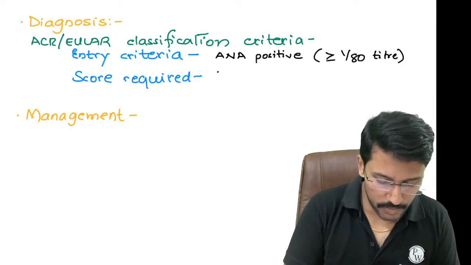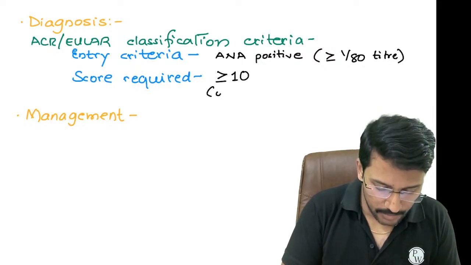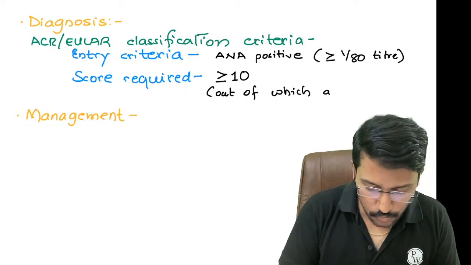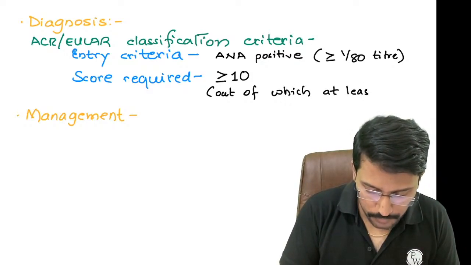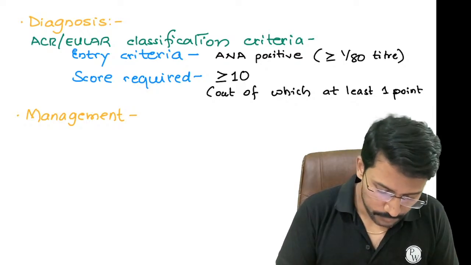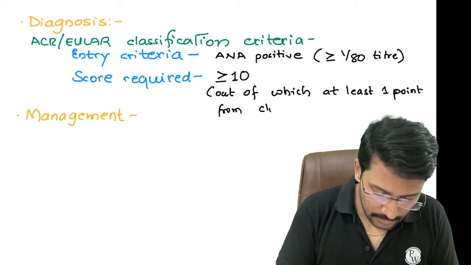How much score is required to make a diagnosis of SLE? We need more than or equal to 10, and out of which at least 1 point should be from clinical criteria.